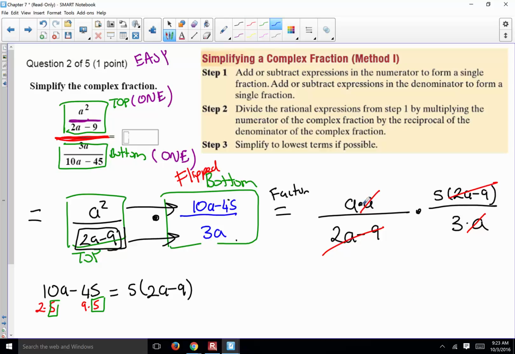We're done. So circle the ones left out. This is 1 only, and 3. So 1 times 5, 5a. 1 times 3, 3. 5a over 3. Any questions?